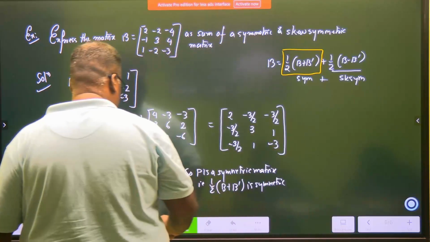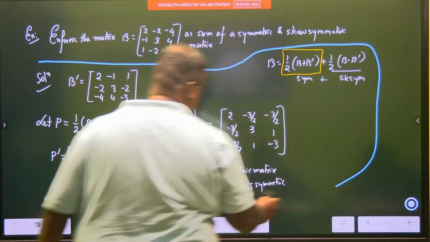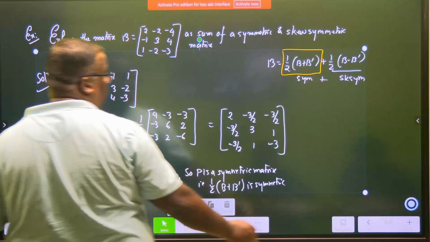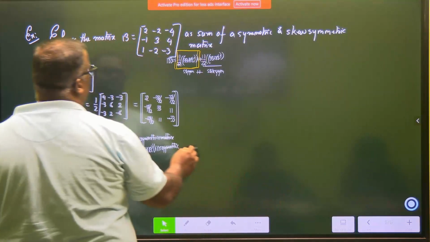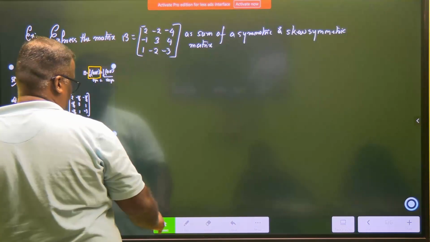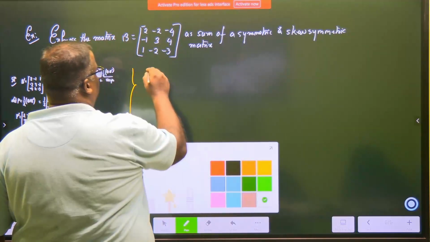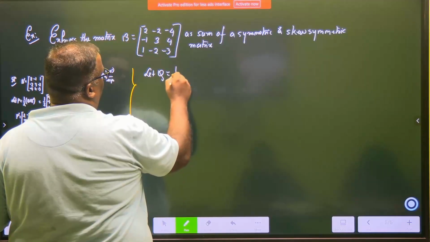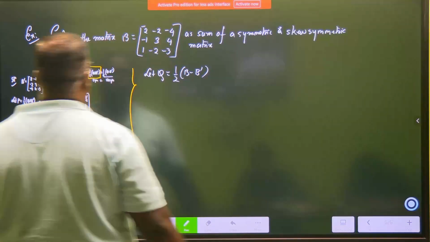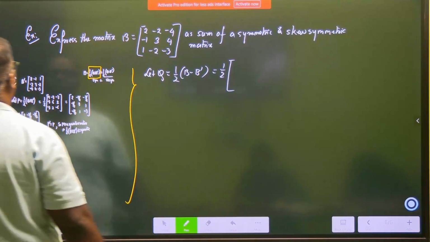In skew symmetric, we will say that let there be a matrix Q. Let Q equal to half of B minus B prime. So Q is equal to how much? Half B minus B prime.